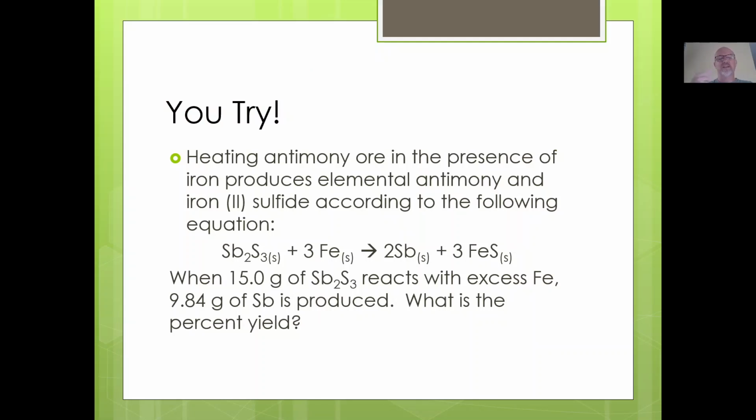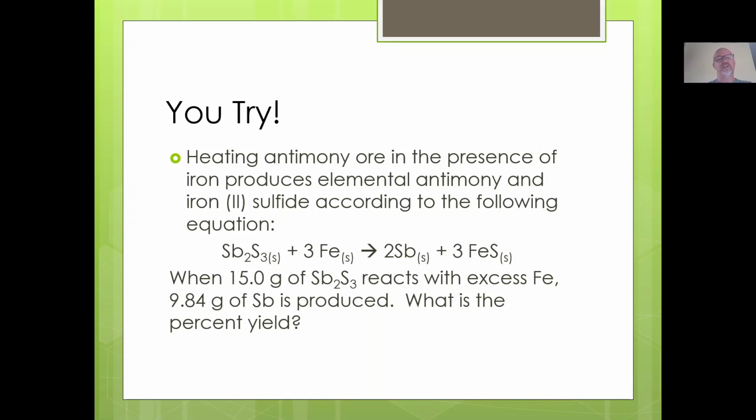So here, I'm going to give you a chance to practice again. Here's a reaction, antimony sulfide and iron. If I react them, I'll get pure antimony and iron sulfide. I'm giving you 15 grams of the antimony sulfide and plenty of iron. So no limiting reagent here. I should say, you don't have to calculate it.